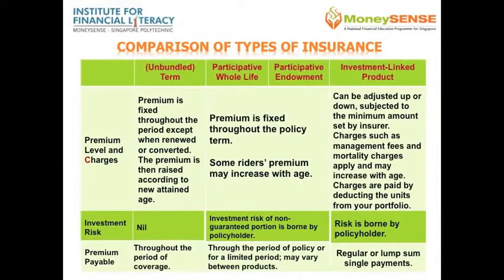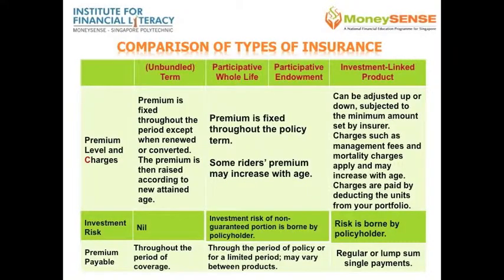In terms of premium and charges, for term policy, it's usually level throughout the period unless you renew it or convert it. So when you renew or convert, then the premium will be set at the age when you convert the policy, and at the same time it will also be the premium level of the product that you choose to convert to.